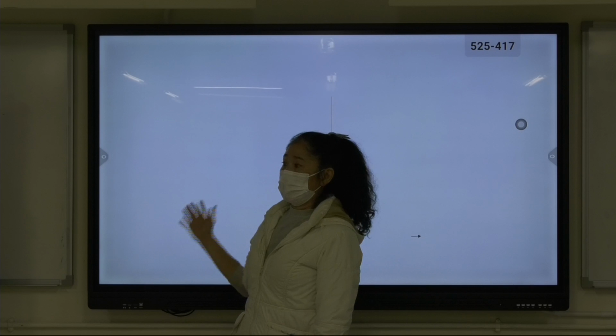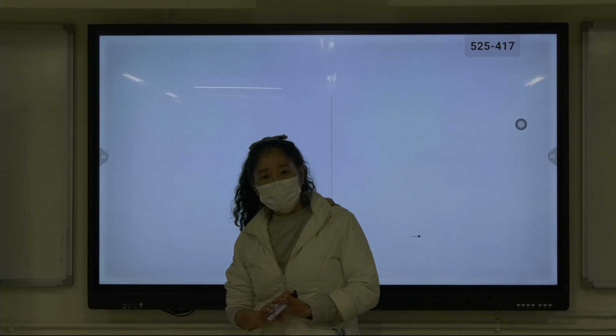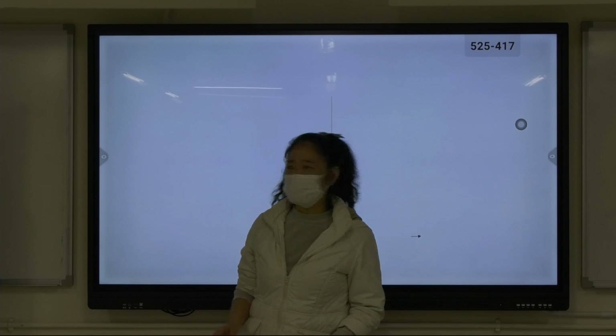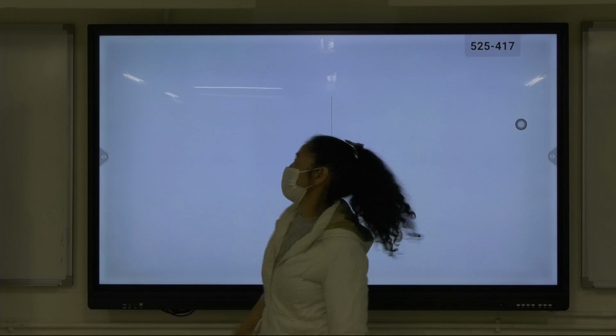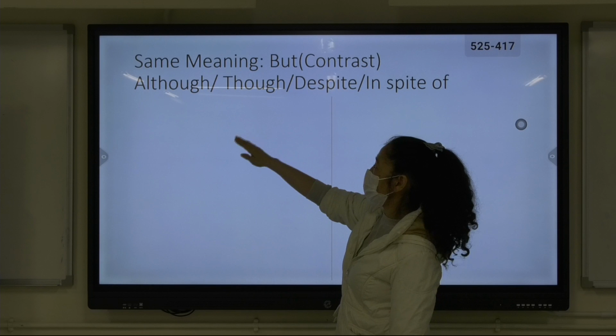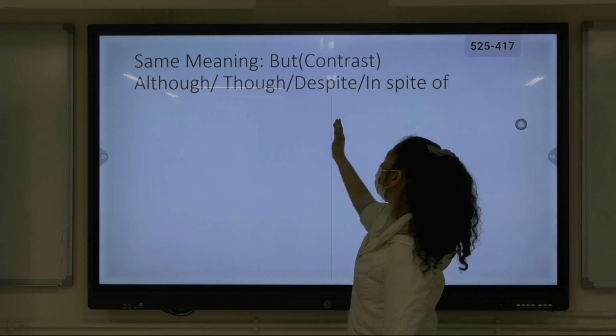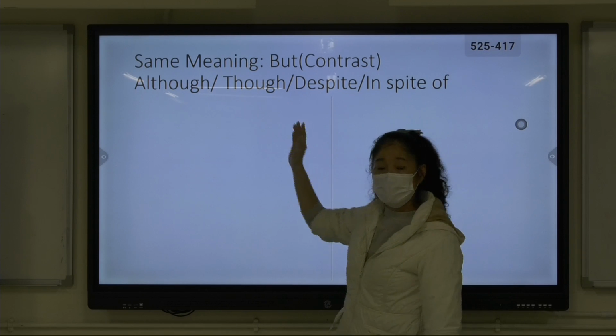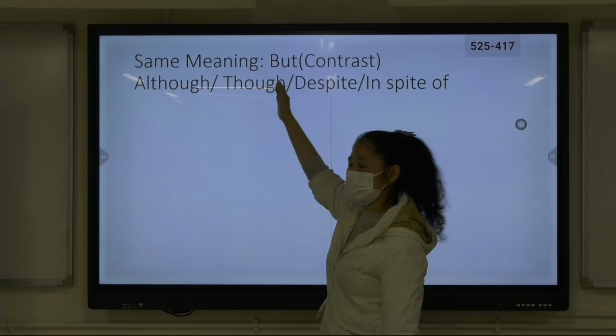So now I know the meaning. What are the differences between these four? Basically, the meaning of these four connectives, although, though, despite, in spite of, they all show contrast. That means but.